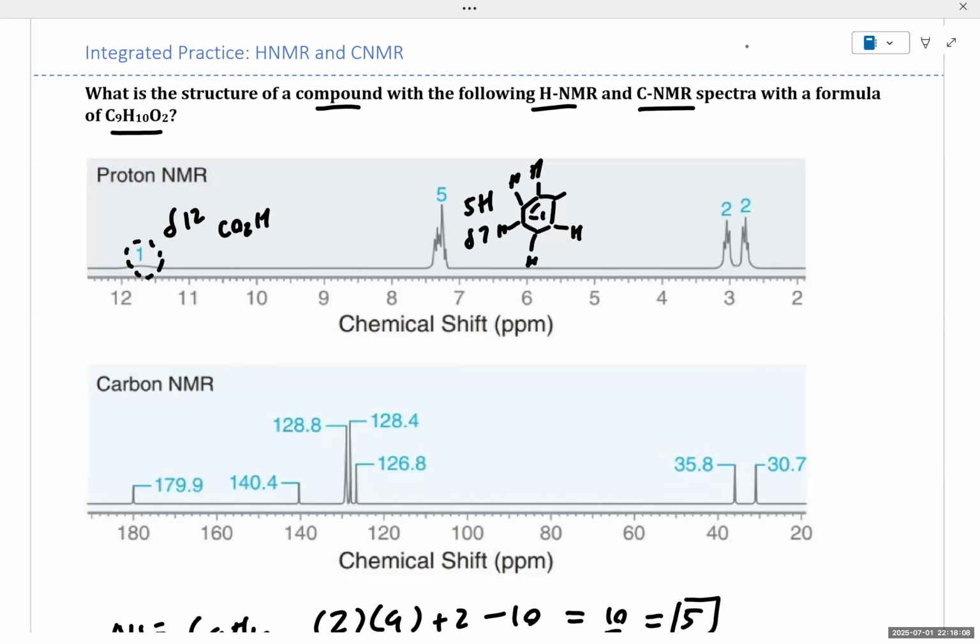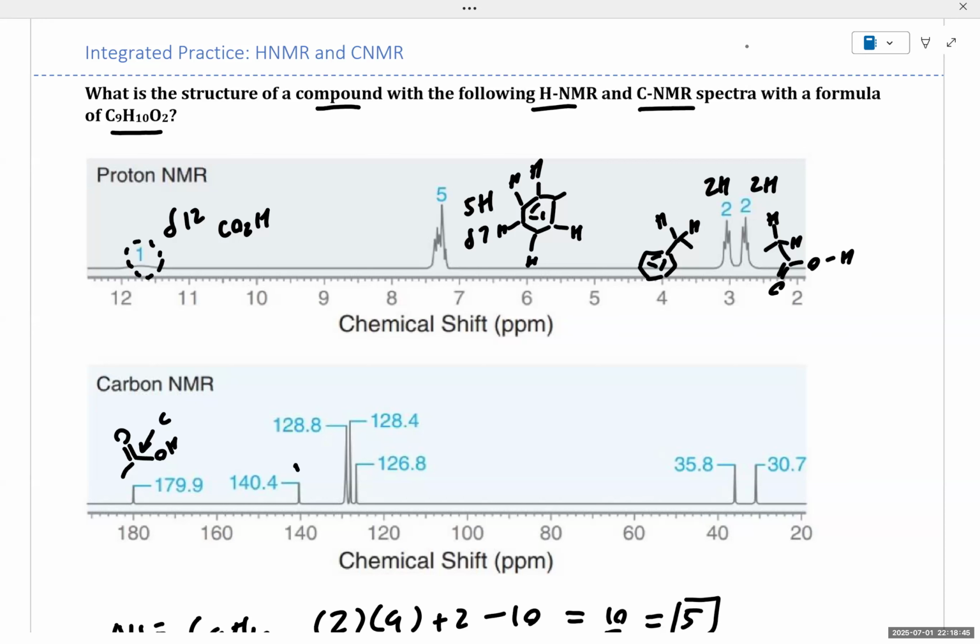From here, these 2 hydrogens each suggest we have a methylene group. One of the methylene groups is likely adjacent to a carboxylic acid. One of the methylene groups is likely adjacent to the aromatic ring. In terms of unique signals, we see in the carbon NMR a carboxylic acid carbonyl carbon.